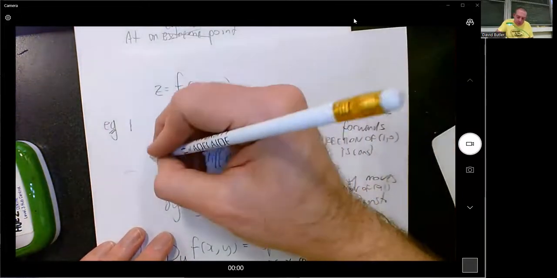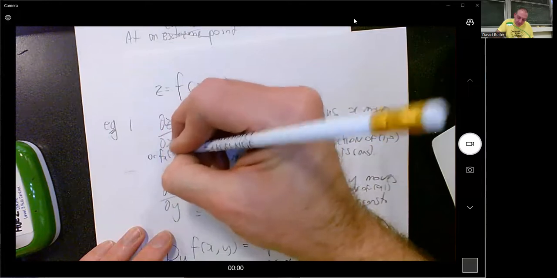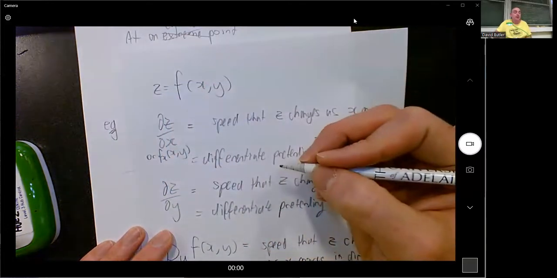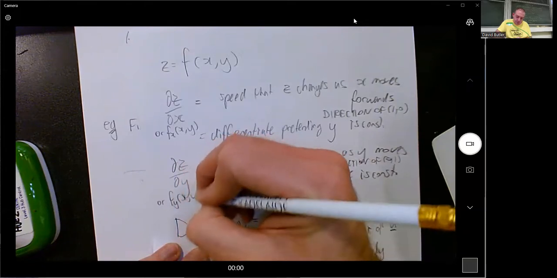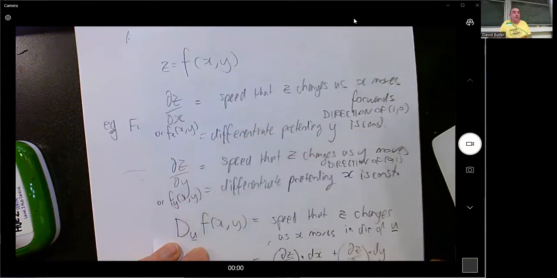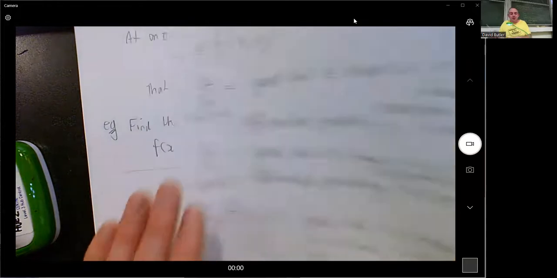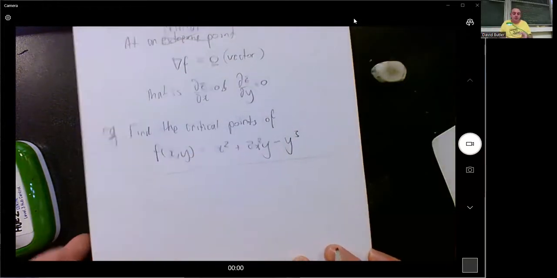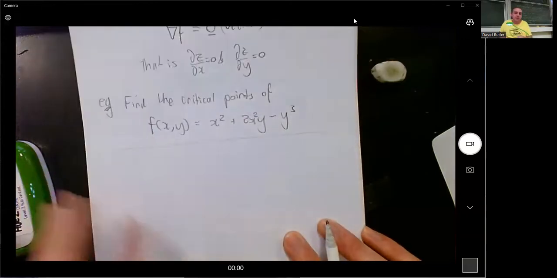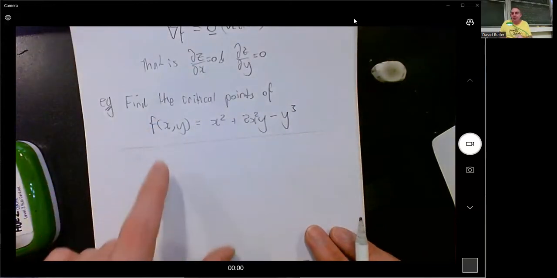You could call it f little x, if you want. They're the options that you get to choose. If you want to do dz on dx, you have to say let z equals. Technically, you're allowed to say df on dx, if you want.